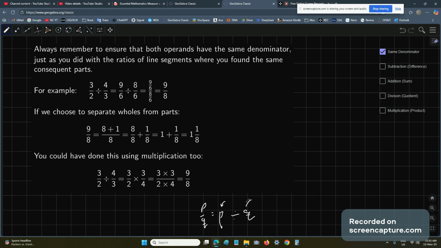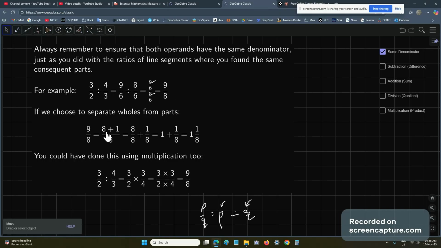So the antecedent of this one becomes 9. The consequent of this is the antecedent of this one, so it's 9/8.